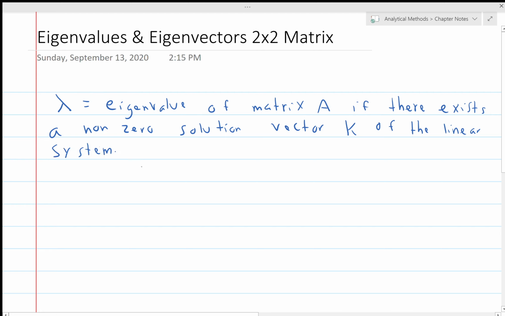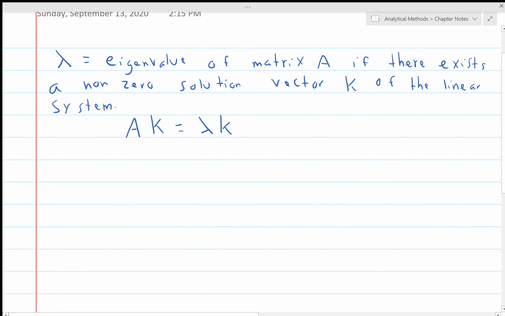That looks like A times K equals lambda times K. In our case, K is the eigenvector, where lambda is the eigenvalue.